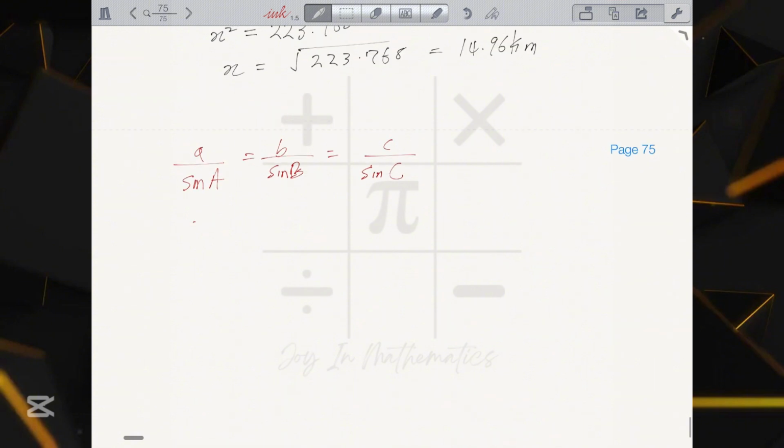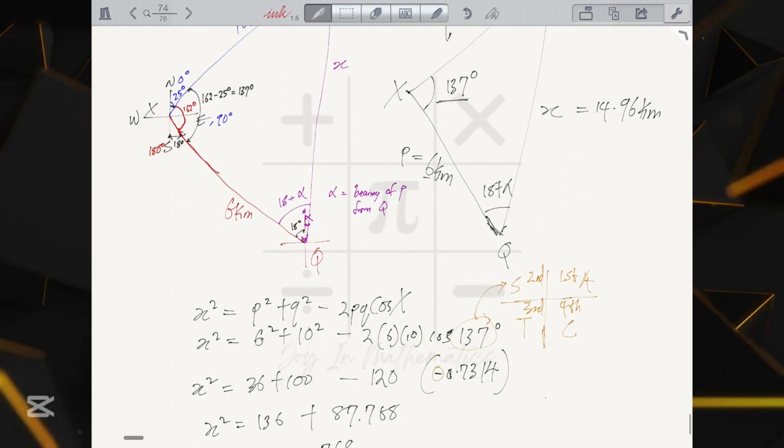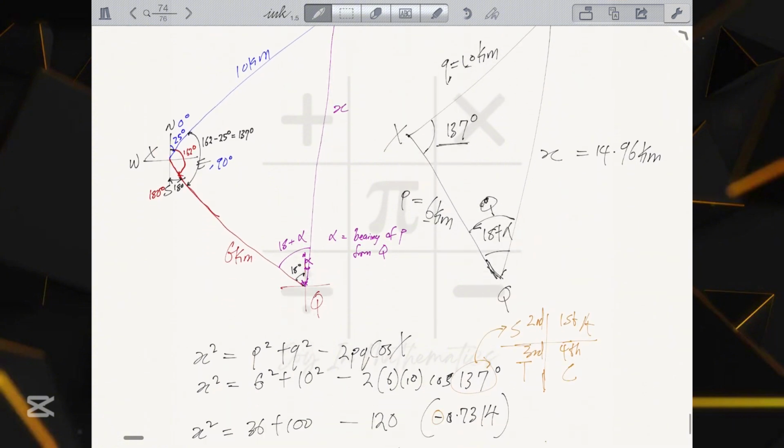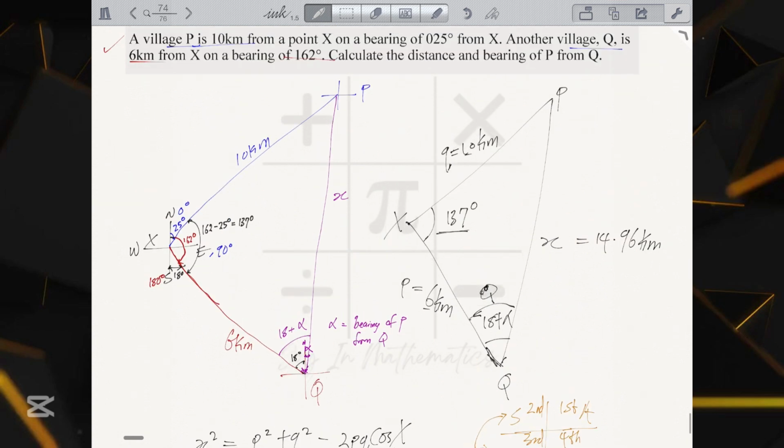Since we are dealing with x, p, and q, x divided by sine x is equal to p divided by sine p is equal to q divided by sine q. So obviously, this angle here is equal to angle q, and we have this angle to be x, and this angle to be angle p.